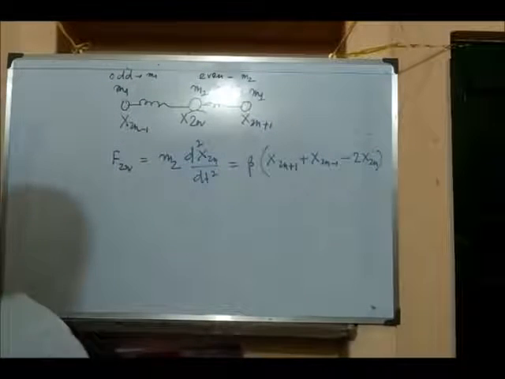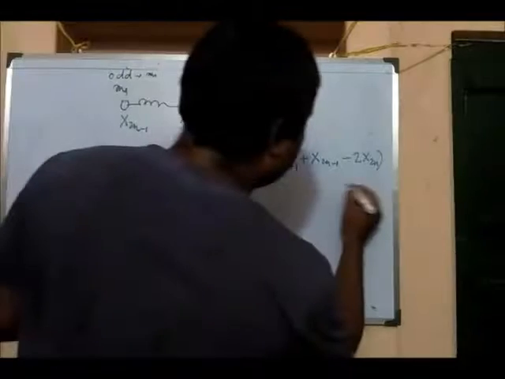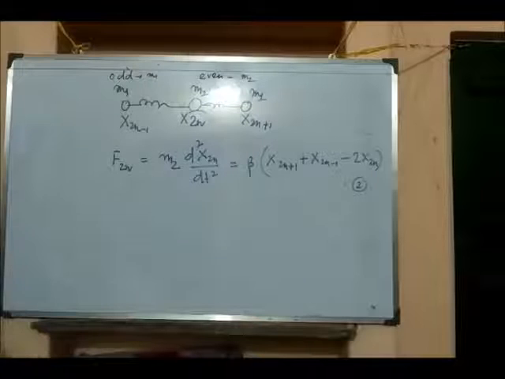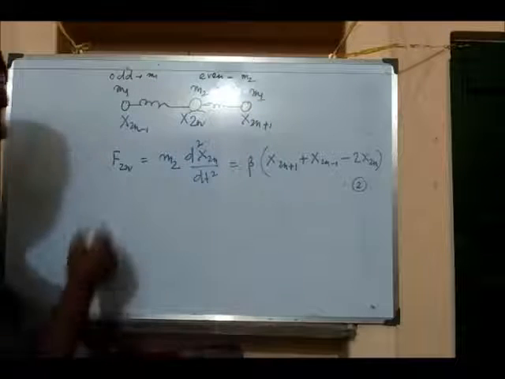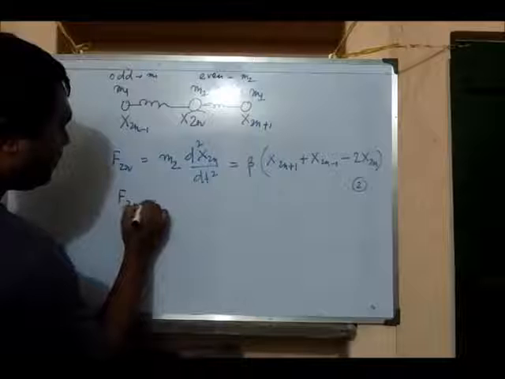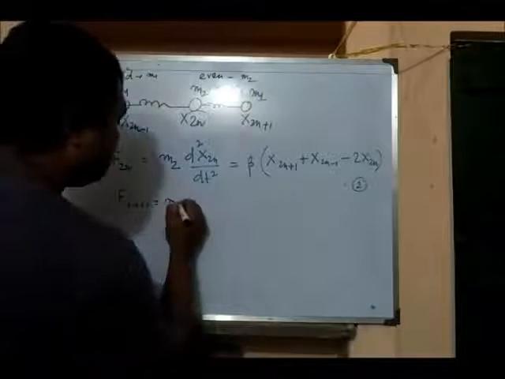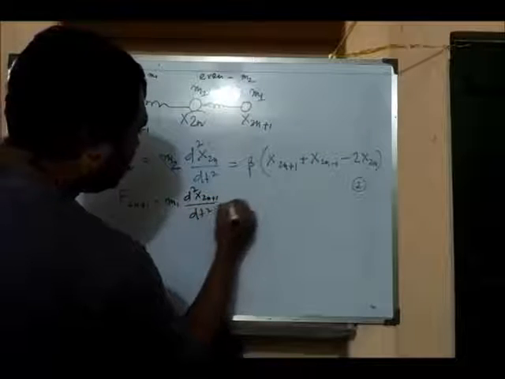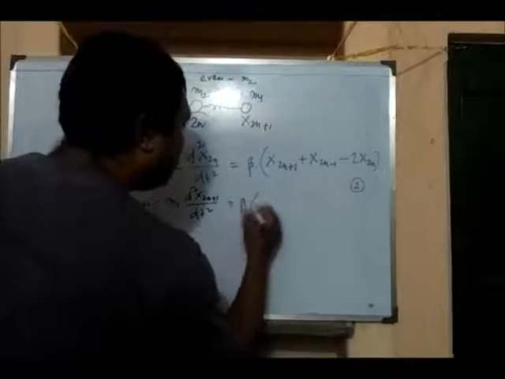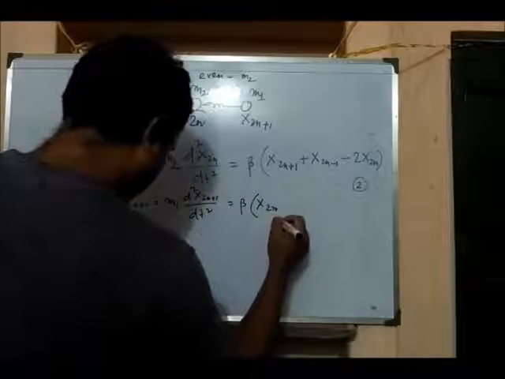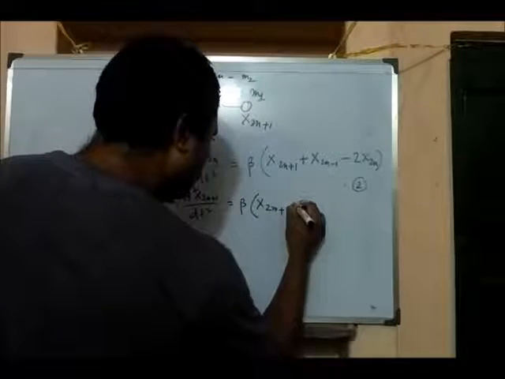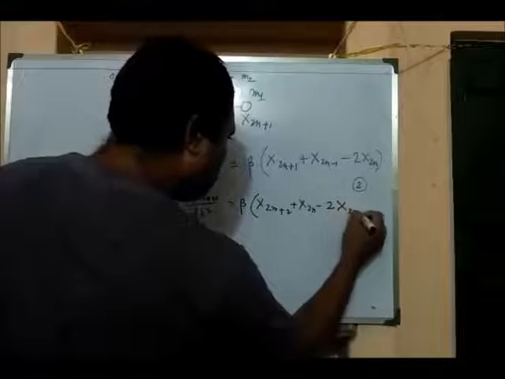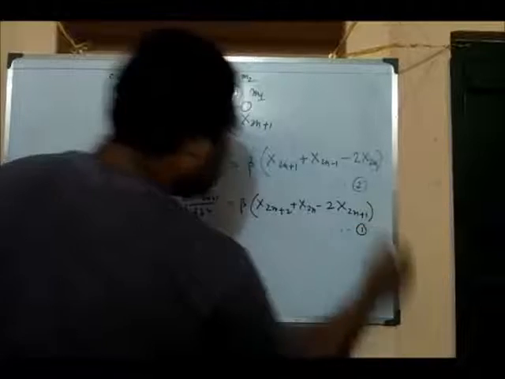This is equation number 2. First I wrote equation number 1, and once again I am going to write it: F_{2n+1} is equal to m1 d squared x_{2n+1} by dt squared, which is equal to beta times (x_{2n+2} plus x_{2n} minus 2x_{2n+1}). So this is equation number 1.